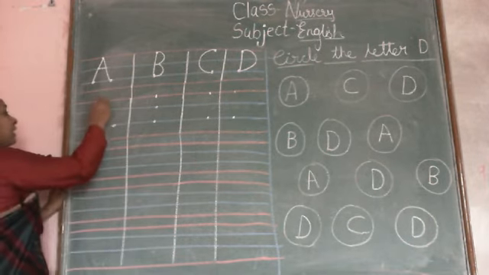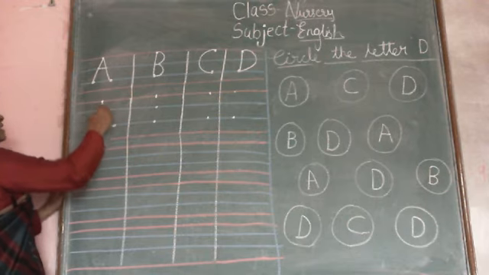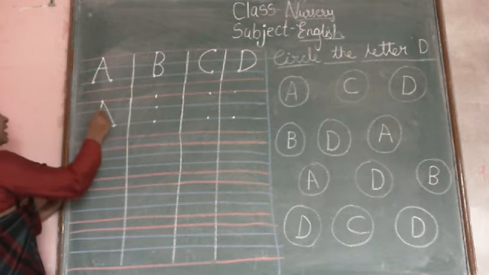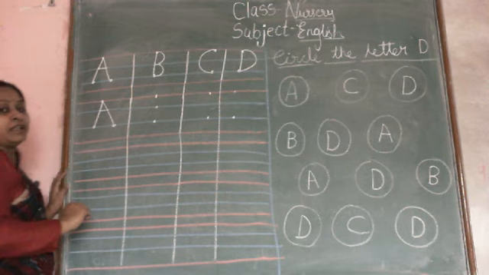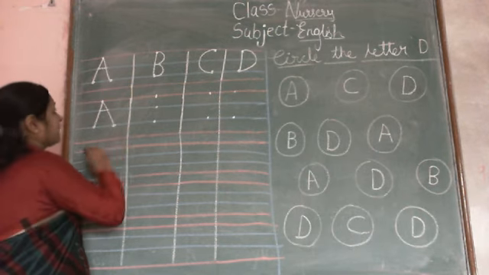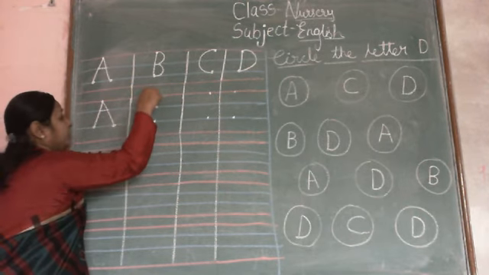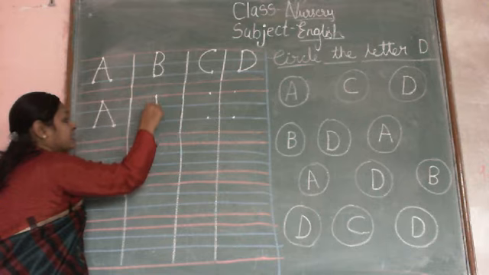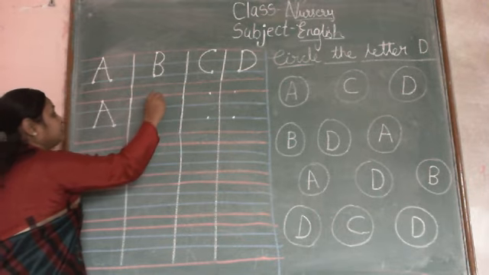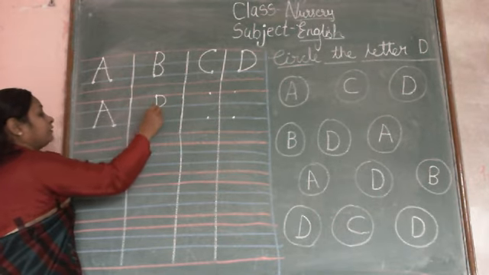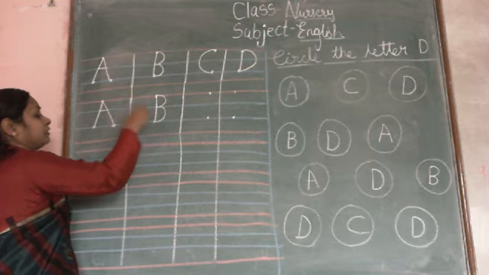First, which letter will come? A. Standing line, and a middle line. Then after A, which letter will come? B. Standing line, half curve, and again half curve.